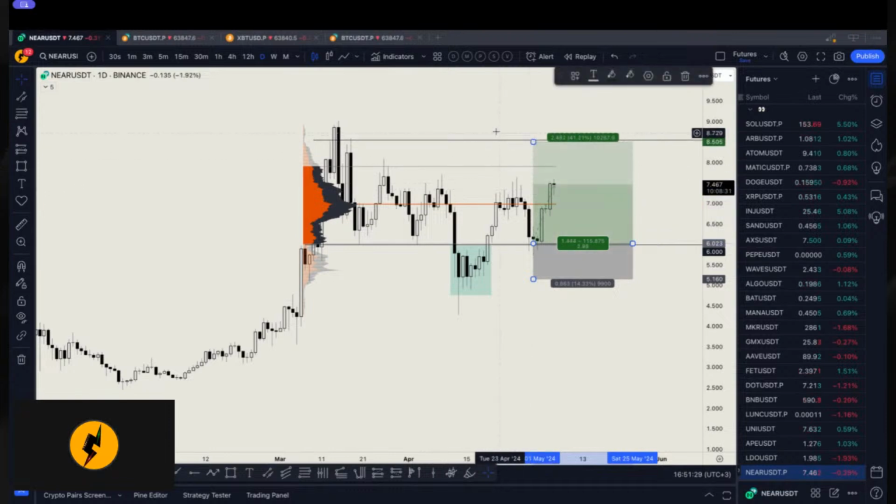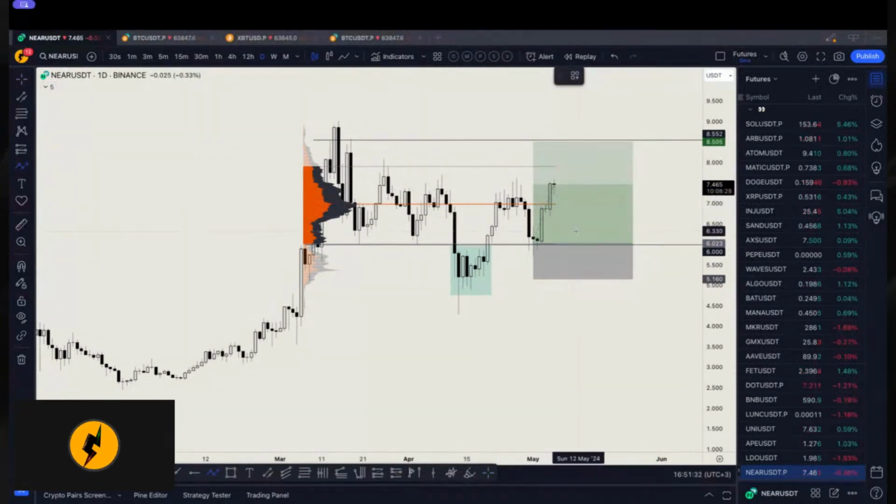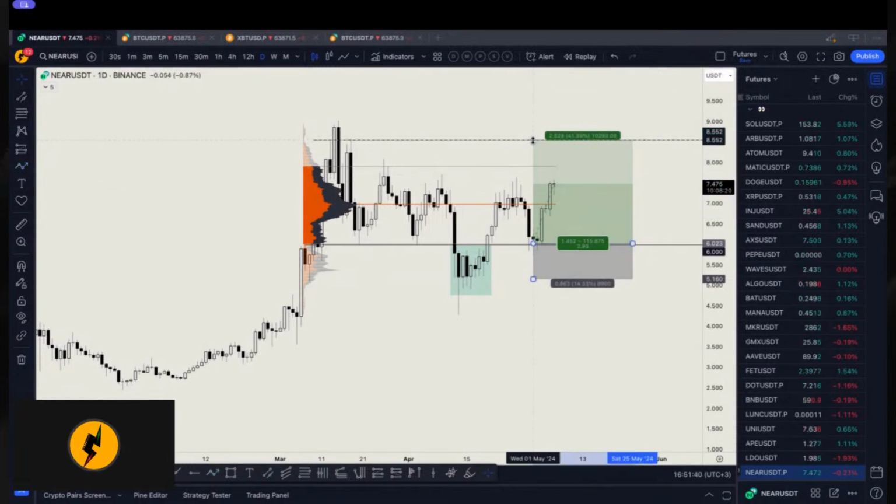On the retest, you also have 3 take profit points. One here at the POC, value area high, and the range high, right? Of course, I told you, we're entering the crypto bull market, so it's always a good idea to keep a little bit of your position open for higher targets, if given, of course.